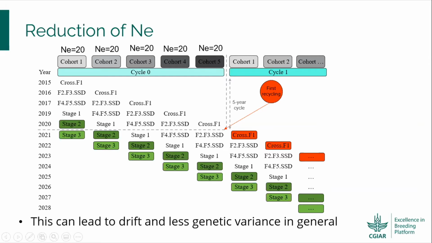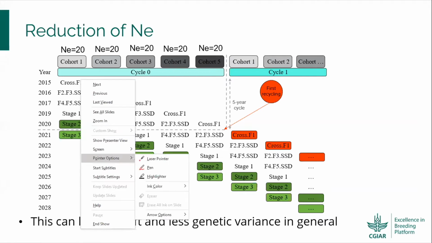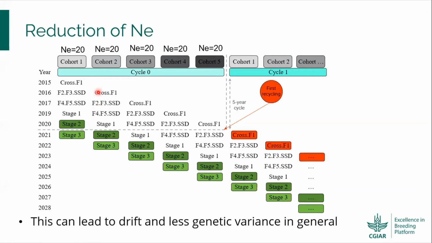And in general, the point is that when you finish the first year and you go to the next year, you are still not able in a conventional program to recycle parents because you have not generated enough information to ensure that you are recycling materials with good breeding or genetic value. So most programs, the following year, will make some new crosses and so on.